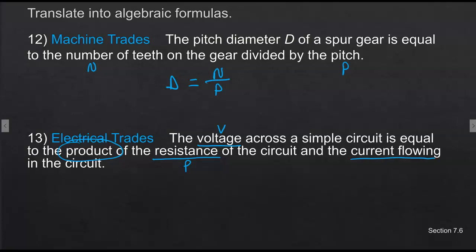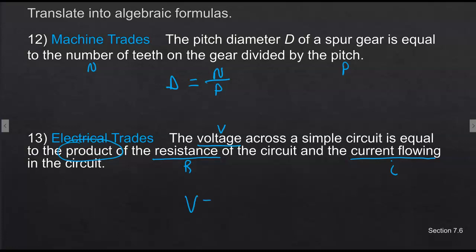A common thing to call the current is I. We can put that in as a capital I if you want to, but it's just the product of these two things. I meant to make that an R, not a P.